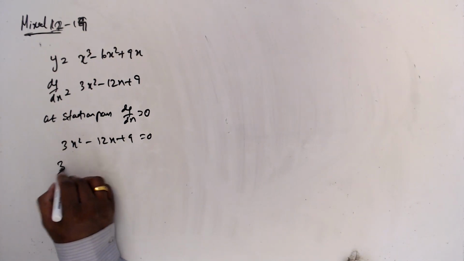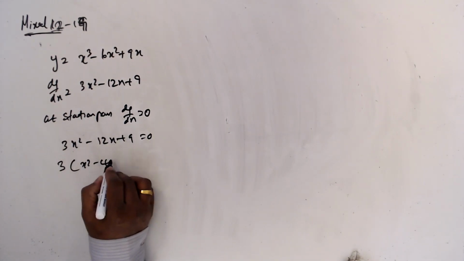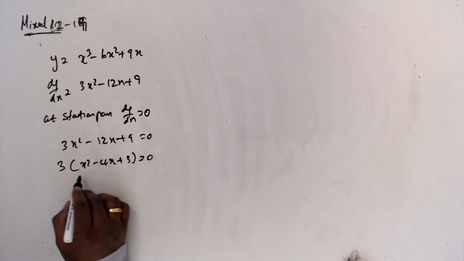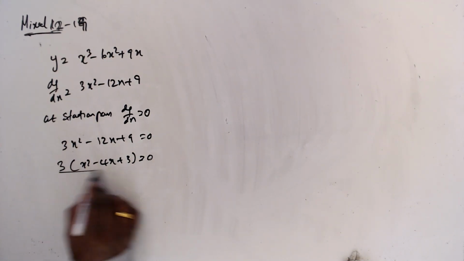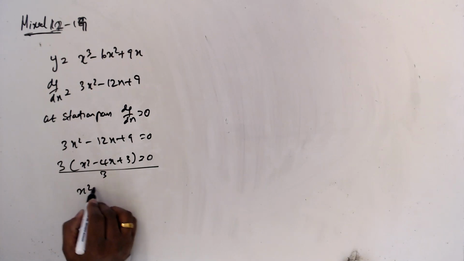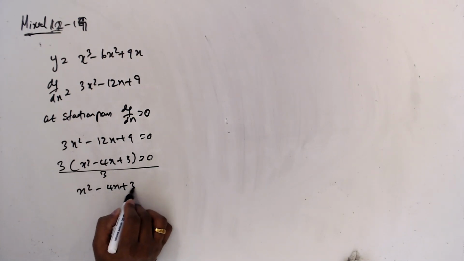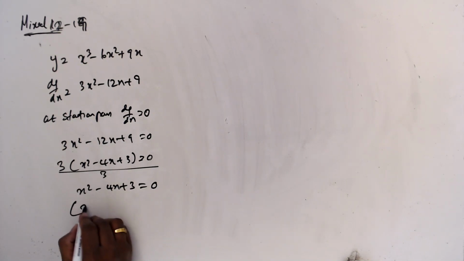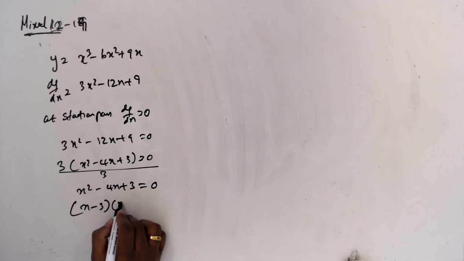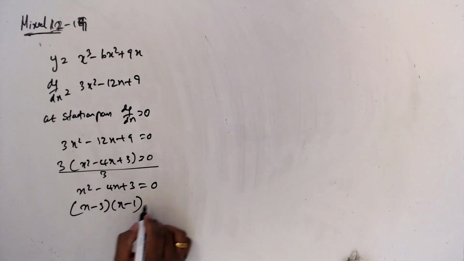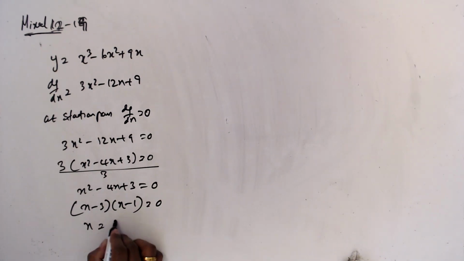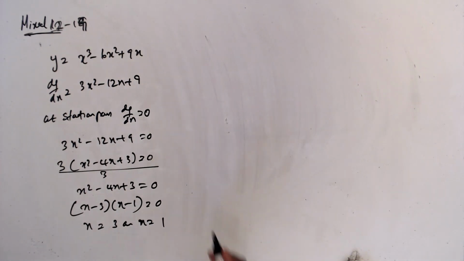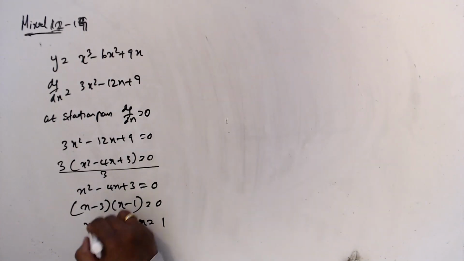Then when you take 3 out, you can divide by 3, and x² - 4x + 3 = 0. So the brackets are (x - 3)(x - 1) = 0, x = 3 or x = 1. So we have two stationary points here.